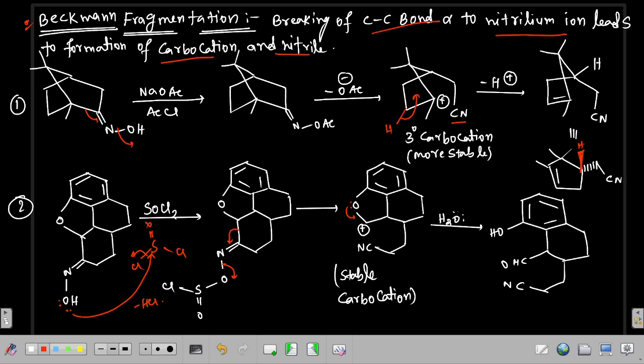That's why this carbocation is formed here. After this, in presence of H2O, this bond will break and it leads to the formation of an aldehyde here and an alcohol here.